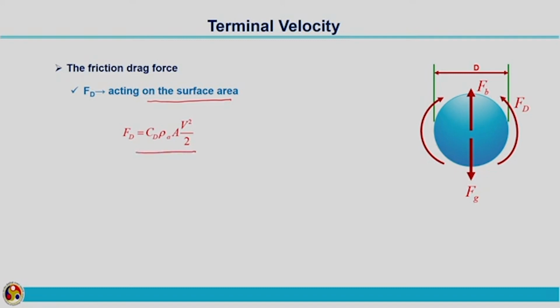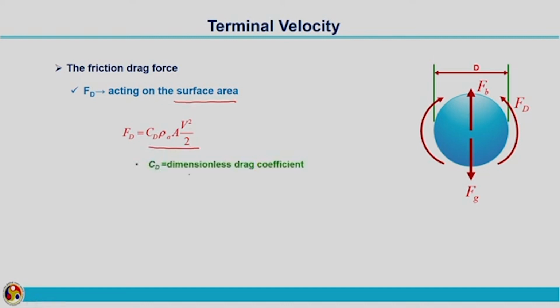I am not going to derive the expression for drag force, this you might have already seen in the subject fluid mechanics. So, that expression I have taken directly here. Drag force is directly proportional to the square of the velocity with which the drop is moving. So, drag force is given by Cd rho a v square by 2.